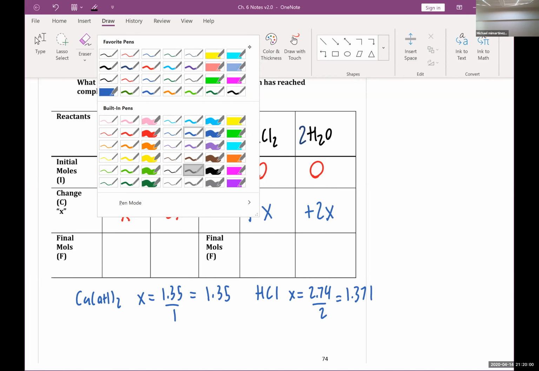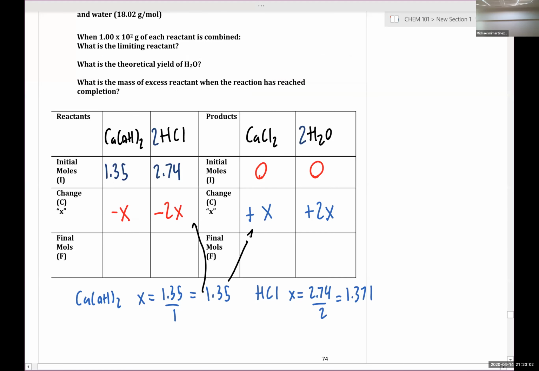So we're going to plug in this value of 1.35 for x into each of the expressions. So minus 1.35, minus 2 times 1.35, plus 1.35, plus 2 times 1.35. Okay, so we have 0 moles of calcium hydroxide remaining.